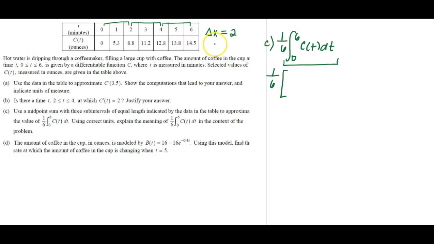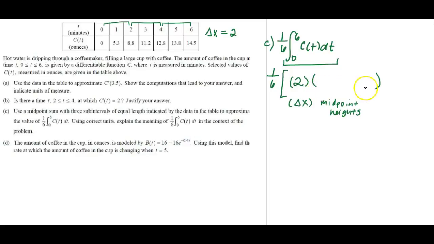So here is the first problem that we've done so far that does have a uniform delta x. So my uniform delta x in this case is 2. And because I have a uniform delta x, now I can use the shortcut where I add up the midpoint heights.